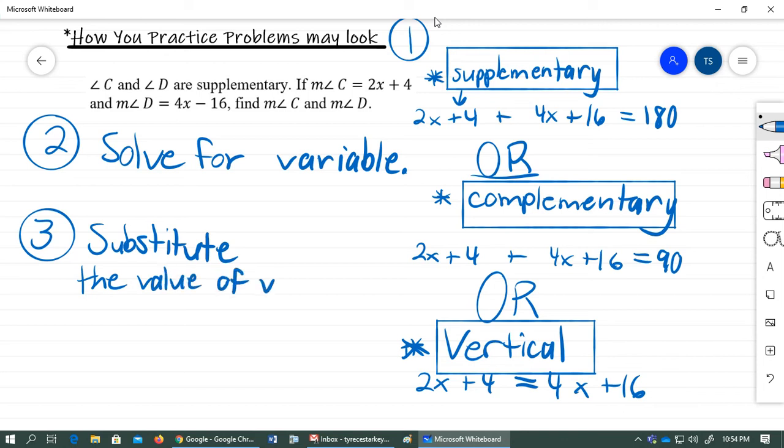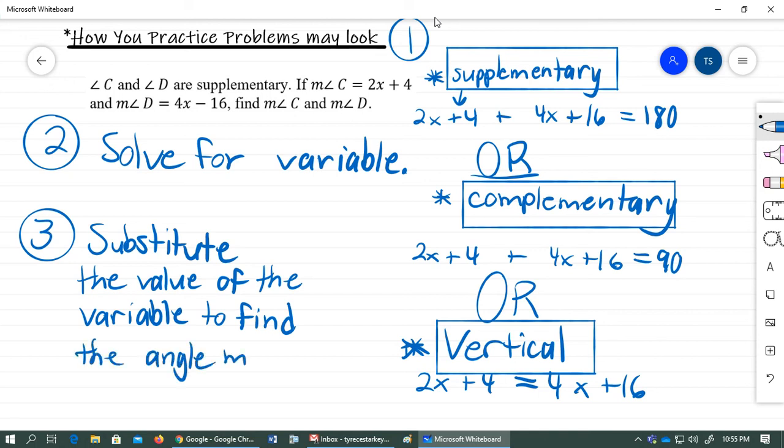Substitute the value of the variable to find the angle measurement, we'll put it that way. How about that?